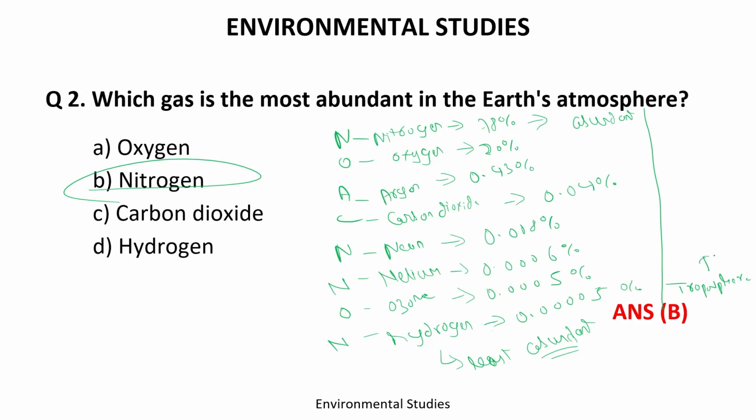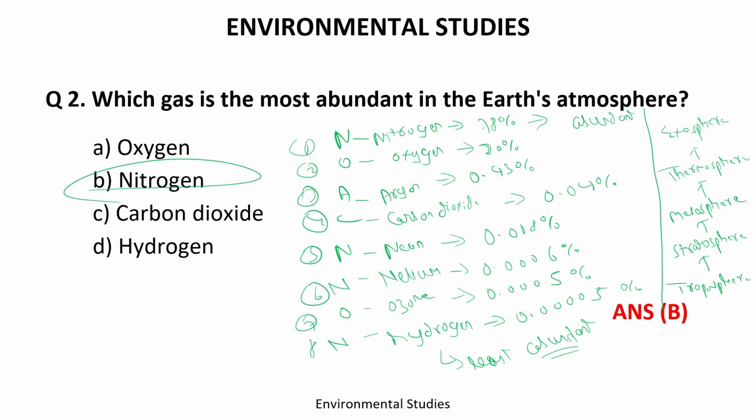Thereafter comes the stratosphere, then the mesosphere, then the thermosphere, and thereafter the exosphere. So gas-wise composition is this one, and layer-wise composition is this one, starting with the troposphere, then stratosphere, mesosphere, thermosphere, and exosphere.